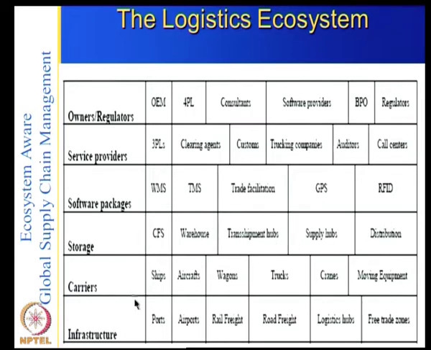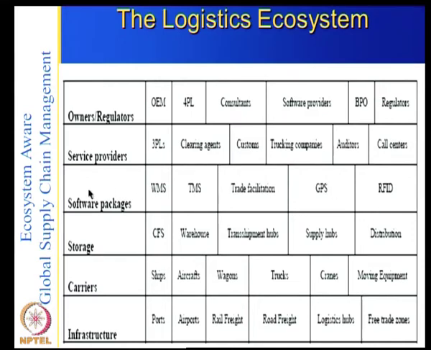So this is also asset intensive, and you have a lot of software packages available for managing this. For example, WMS is warehouse management system, TMS is transportation management system. For trade facilitation, in the ports, particularly, GPS, global positioning systems, and RFID, radio frequency identification.